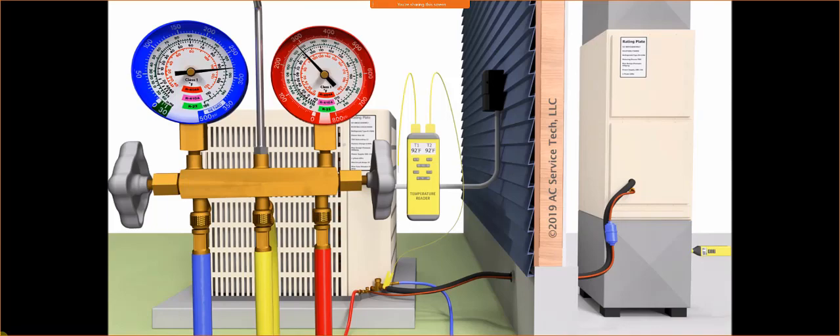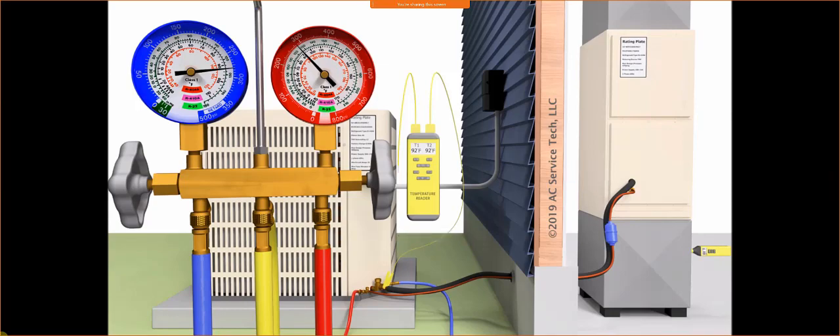And so after that, I turn the indoor system on air conditioning mode, and I let the airflow come out of all the registers, and then I check the airflow at the registers with an anemometer. So this way I'm able to determine if I am blowing the correct amount of airflow across the evaporator coil. It's important to make sure that you have the right airflow at that indoor coil so that the indoor system and the outdoor system are matched.